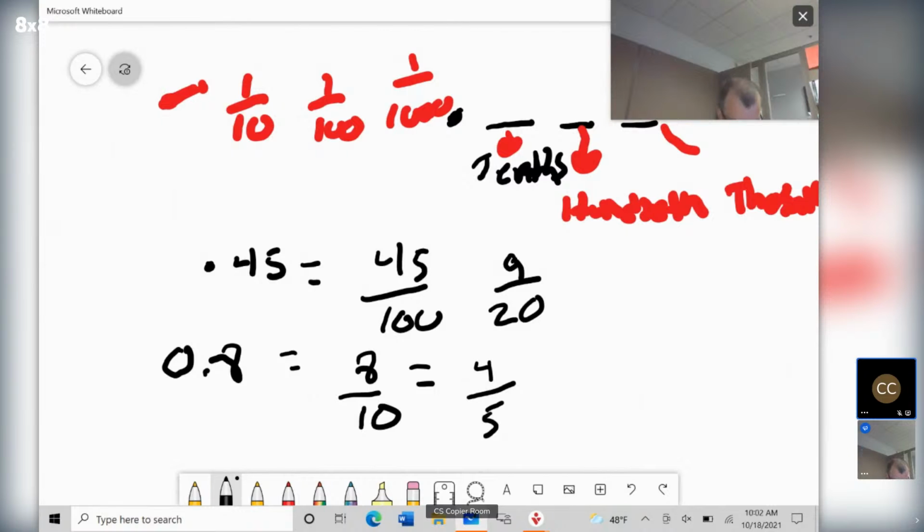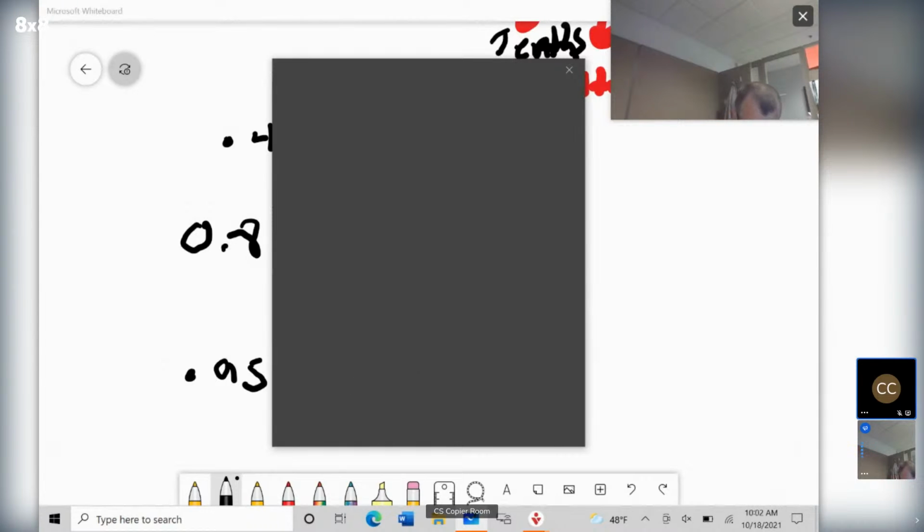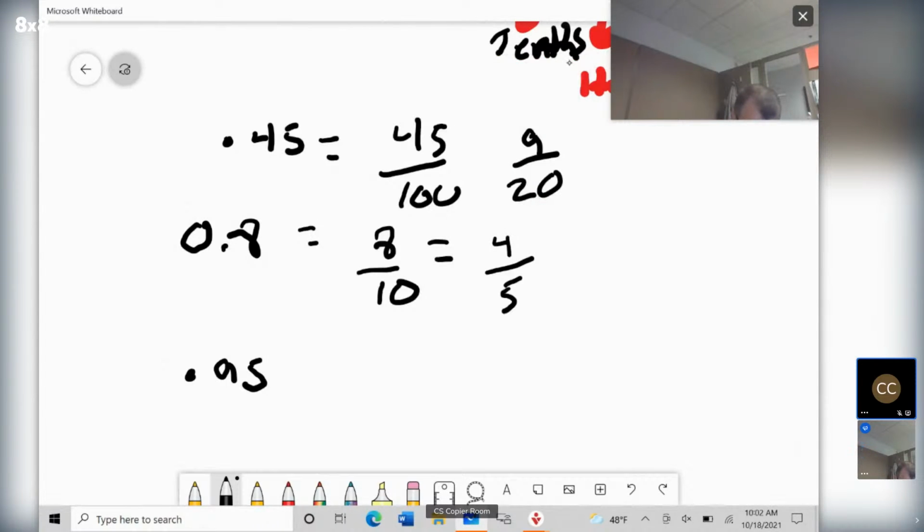Okay, let's do another one here. So if we have 0.95, if we said that, that would be 95 hundredths. So we see the 5 is in the hundredths place, so we're going to put the 95 over 100.